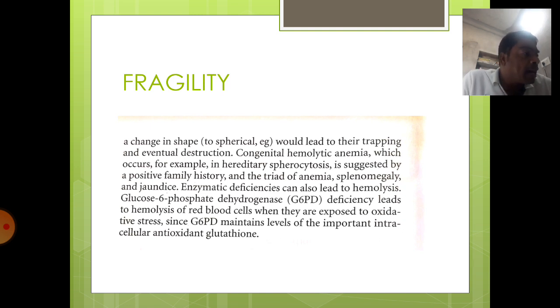Enzymatic deficiency can also lead to hemolysis. Glucose 6 phosphate dehydrogenase (G6PD) deficiency leads to hemolysis of the red blood cells when they are exposed to oxidative stress, since G6PD maintains levels of the important intracellular antioxidant glutathione.